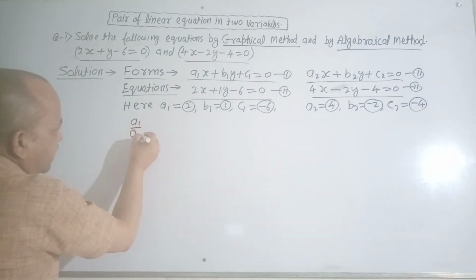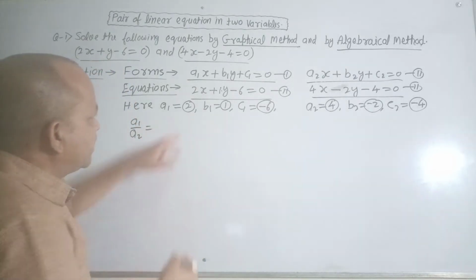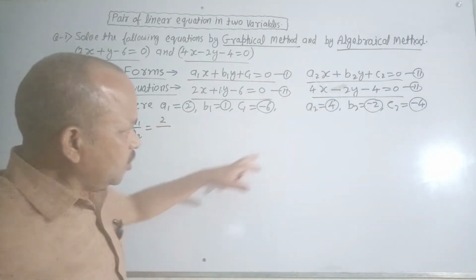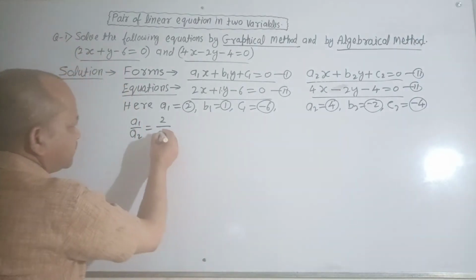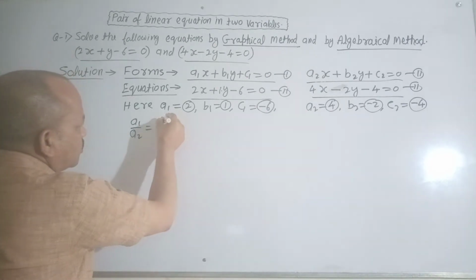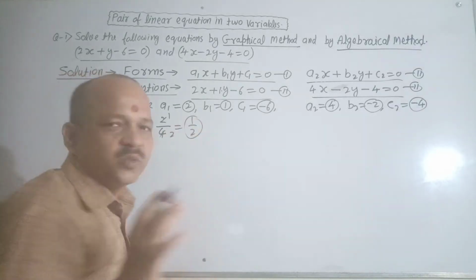Here a1 by a2 equal to, a1 means 2, a2 means 4. You can cut it. 2 1 ja, 2 2 ja, equal to 1 by 2.